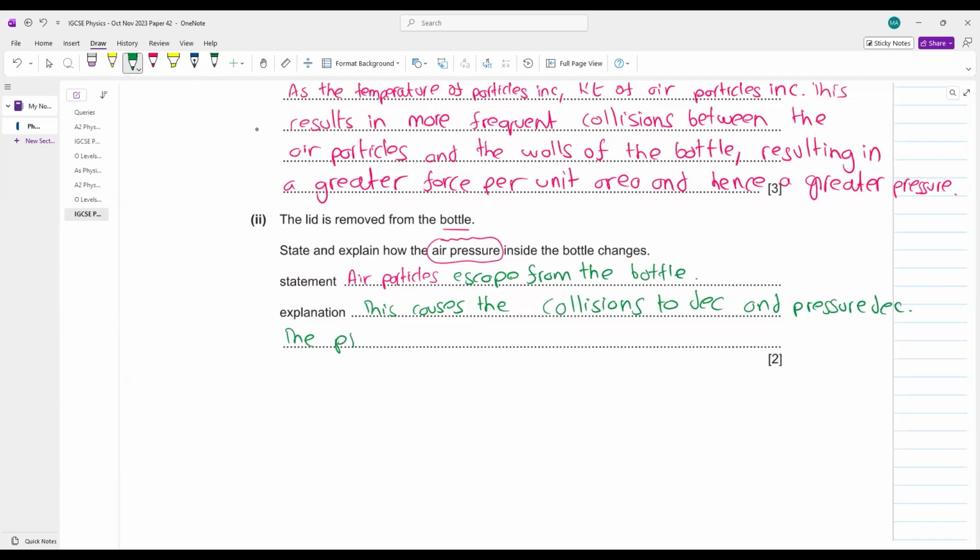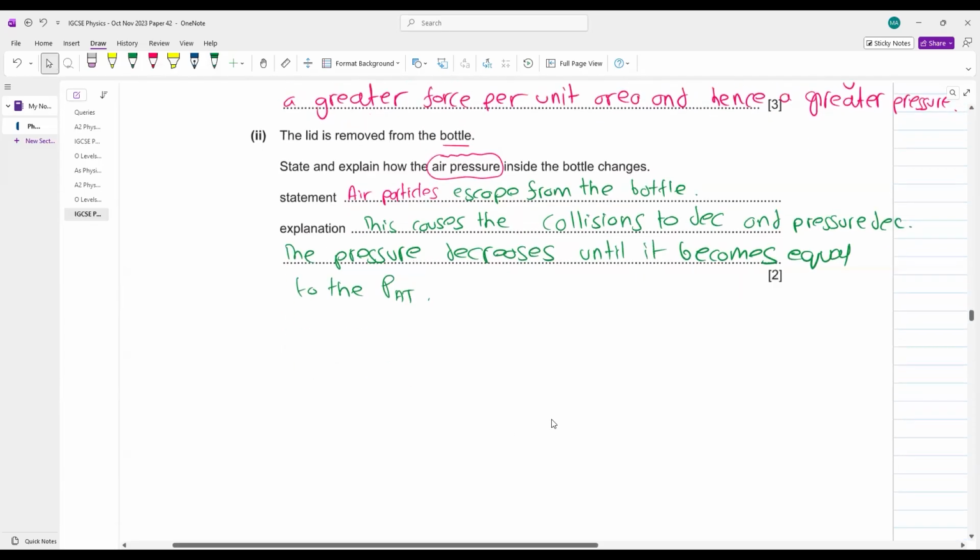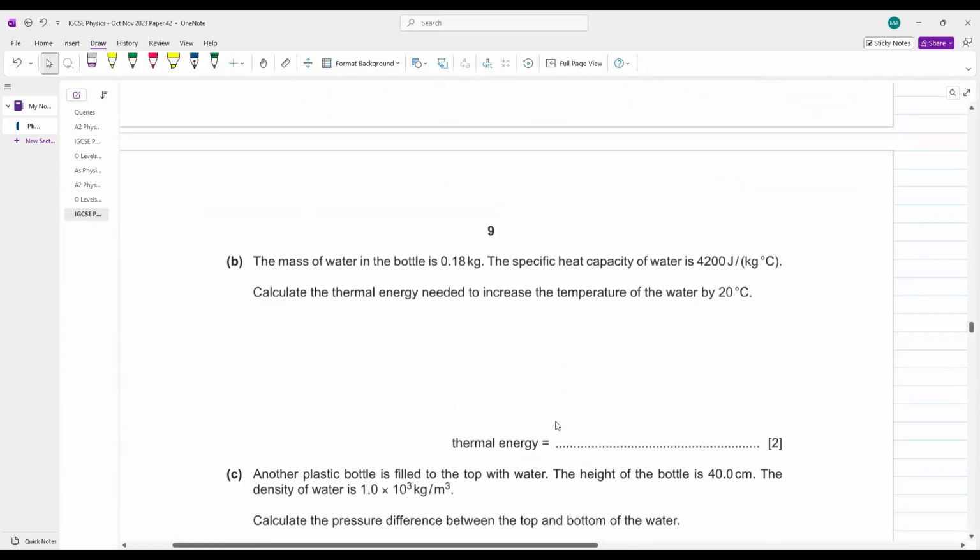The pressure decreases until it becomes equal to the atmospheric pressure. Okay? The pressure decreases until it becomes equal to the atmospheric pressure. Okay? Let's move ahead.